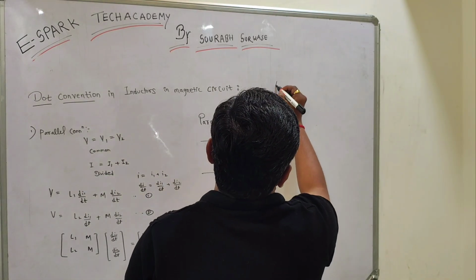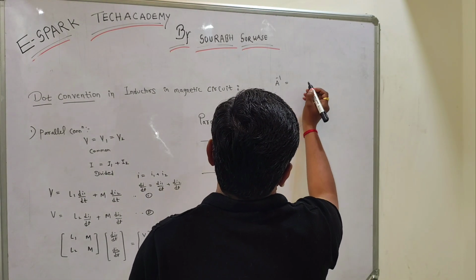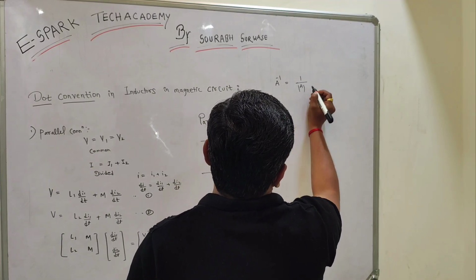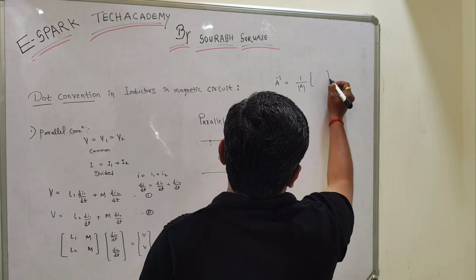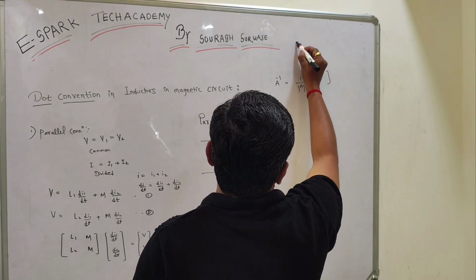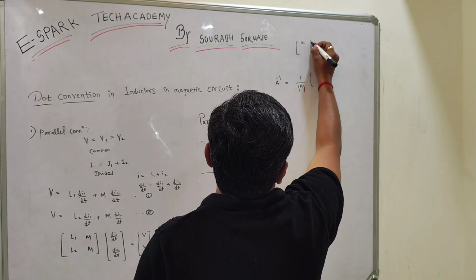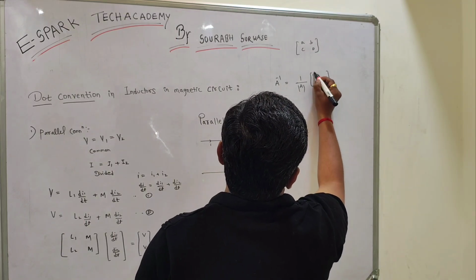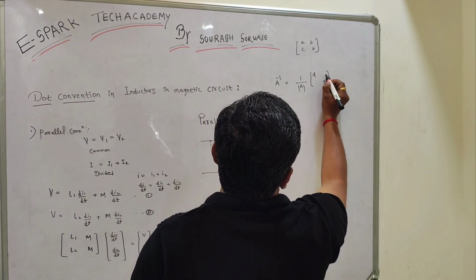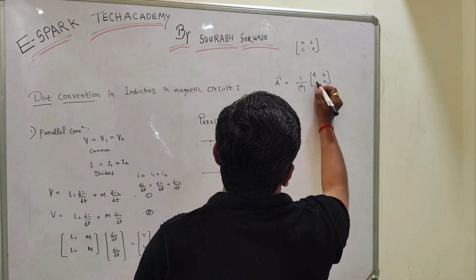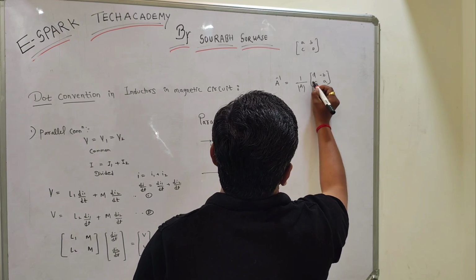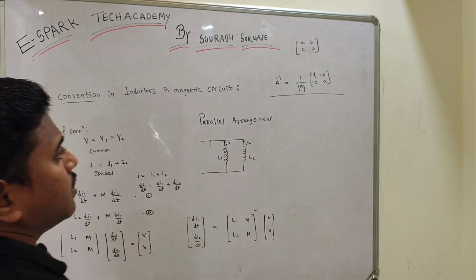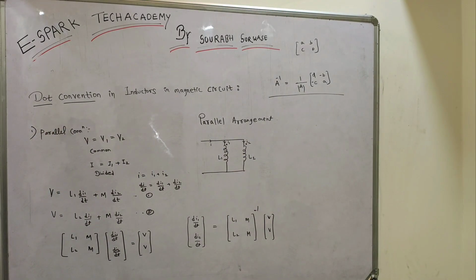Now I will explain the basic matrix rule. When A inverse is to be calculated, it is 1 upon the determinant of A, and if the basic matrix is A, B, C, D, then D will be here, A will be here, and B and C will have negative signs. This is nothing but the inverse matrix formula.